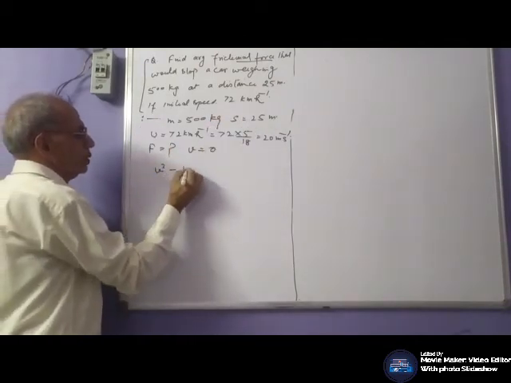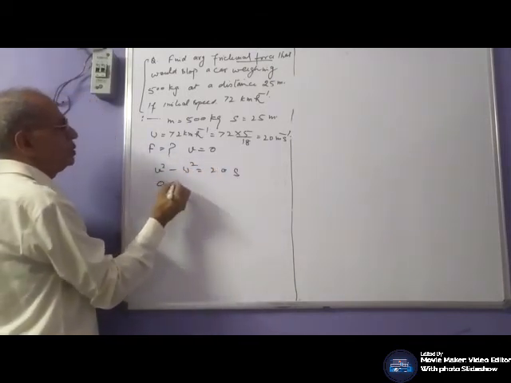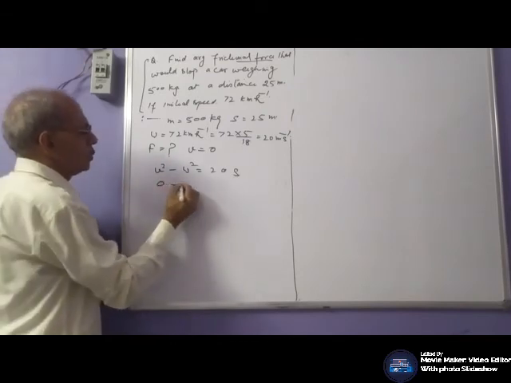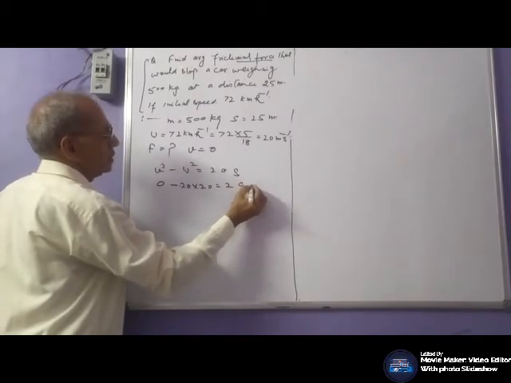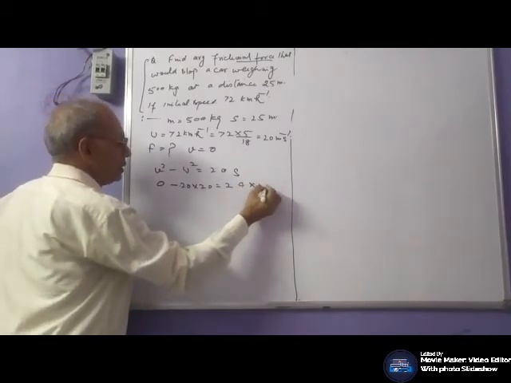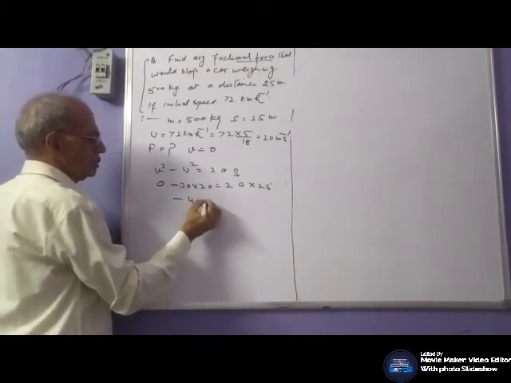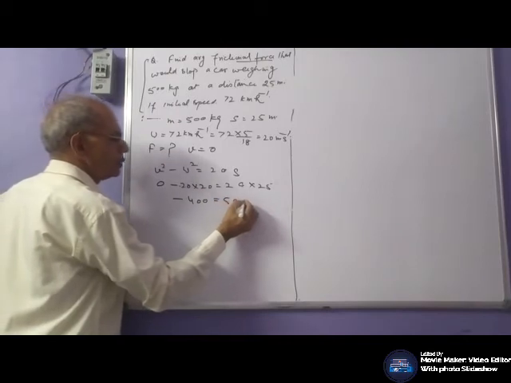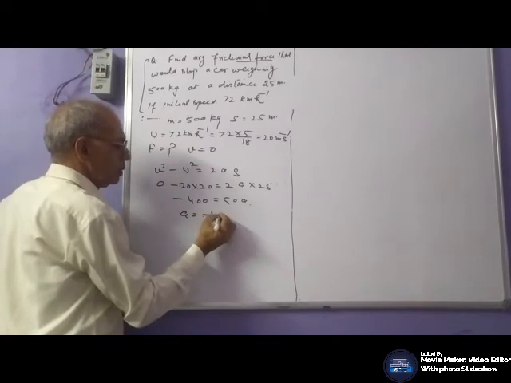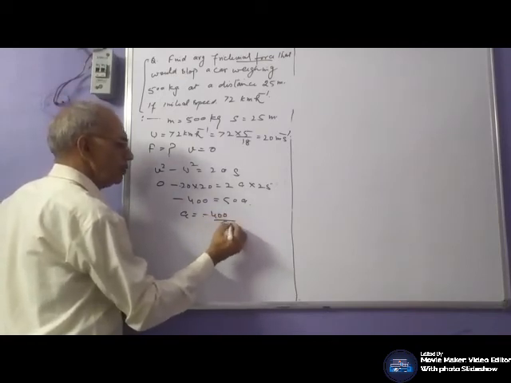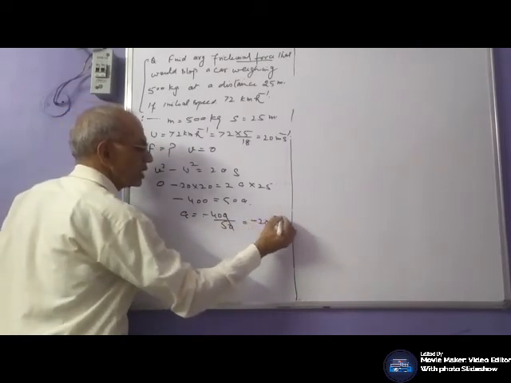V square minus U square is 2AS. V square is 0, U square is 20 into 20 is 2AS, 25. This is what? 400 is 50A. A comes out to be 8 by 50 meter per second square.